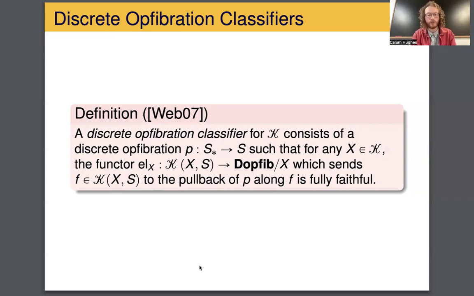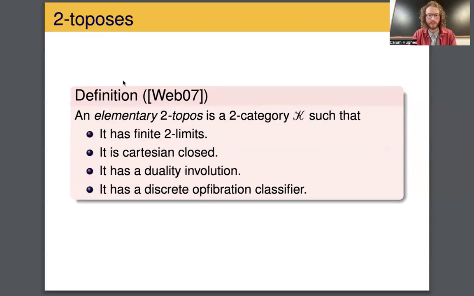And we can also define what is a small object relative to this discrete Hopf vibration classifier. And so the definition that he gives of an elementary 2-topos is a category with finite 2-limits, Cartesian closure, a duality involution, and a discrete Hopf vibration classifier.